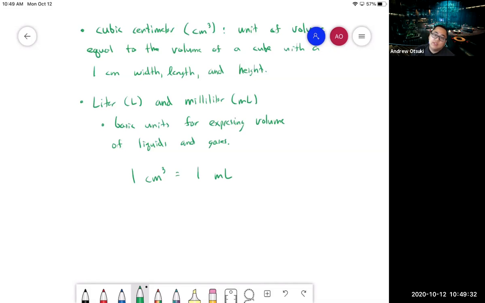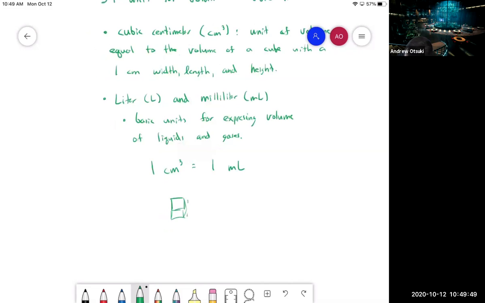The reason we say that is because we have a cube like so, and each side is one centimeter in length.